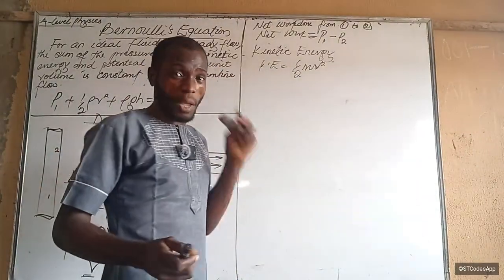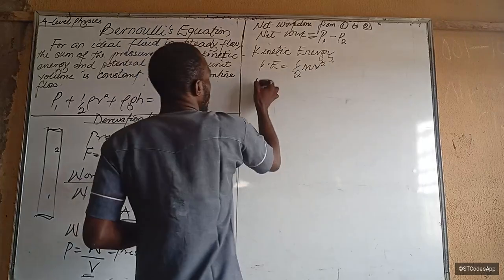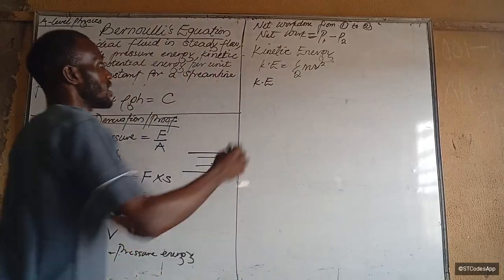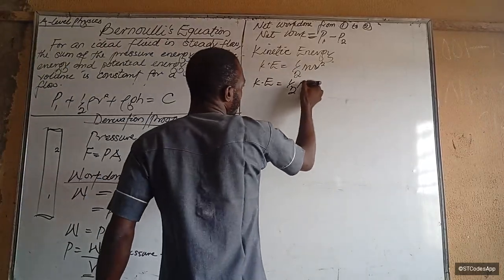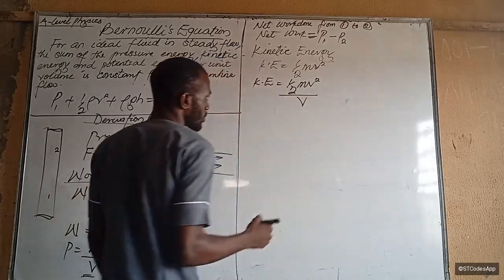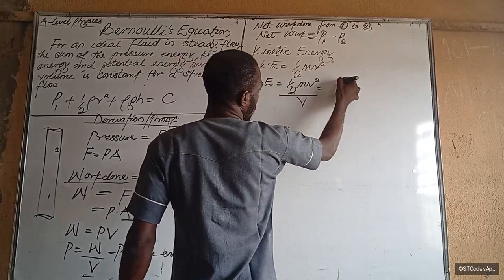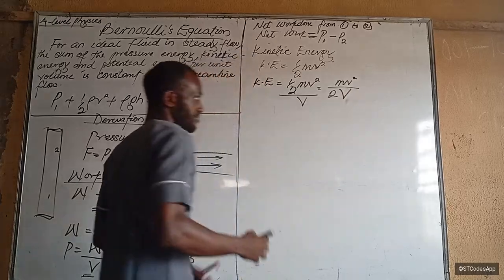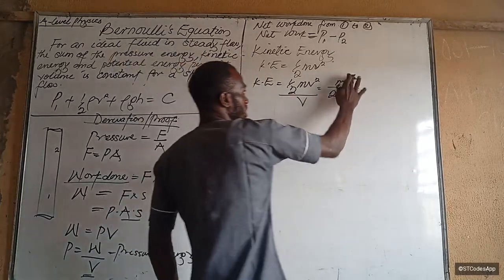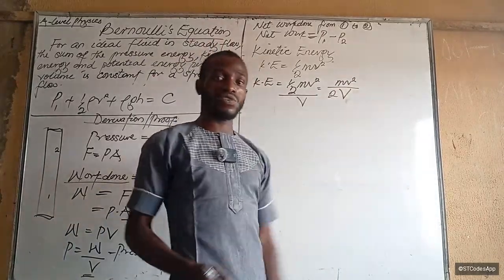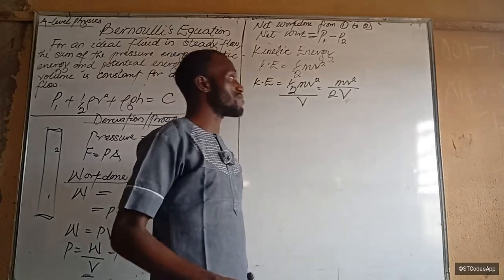So the kinetic energy per unit volume is going to be equal to 1 over 2 mv squared divided by volume. So that becomes mv squared over 2V. Keep in mind that this small v in physics is velocity, big V is volume.